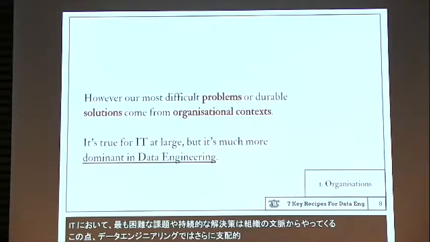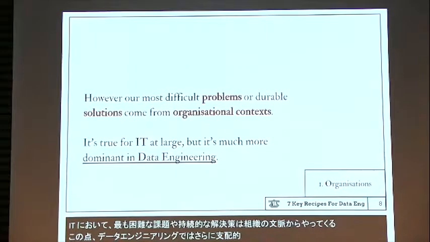As with the rest of the IT industry, organization has been our main problem so far, because organizations are complex and also have trouble assessing new innovations. So solving organizational problems unlocks better solutions.